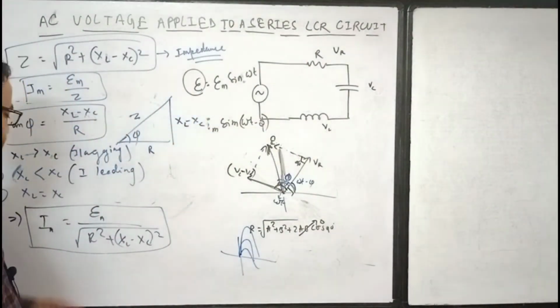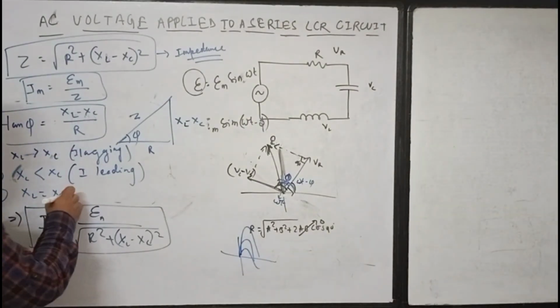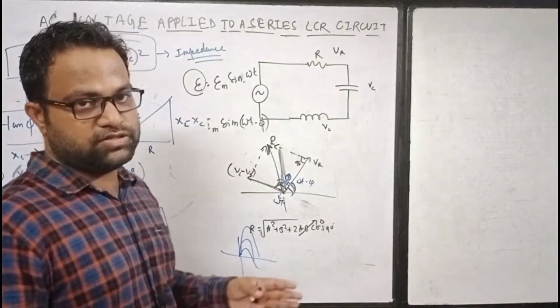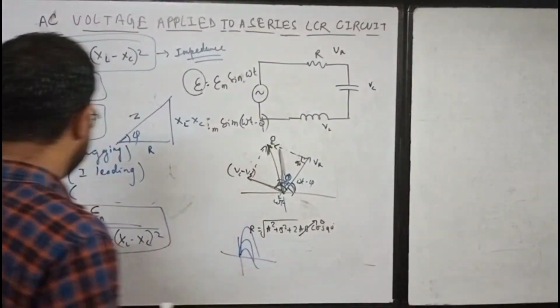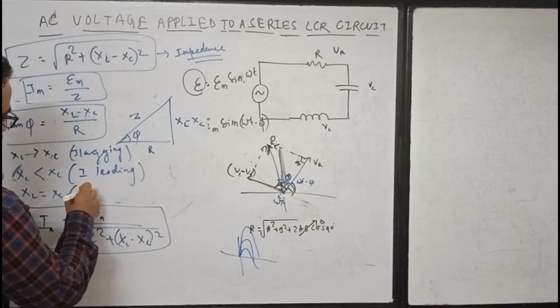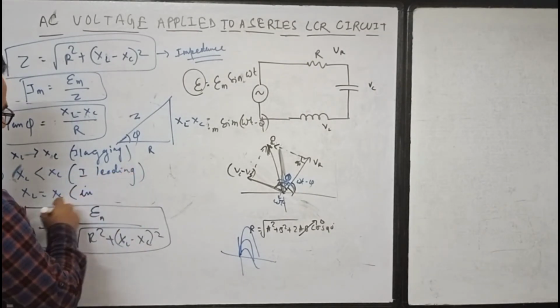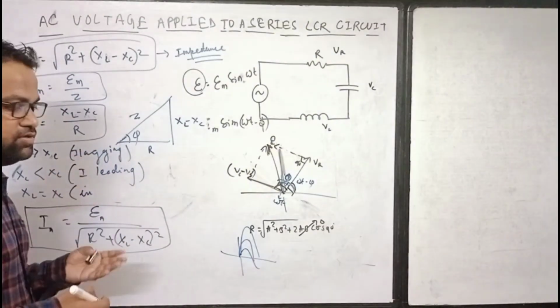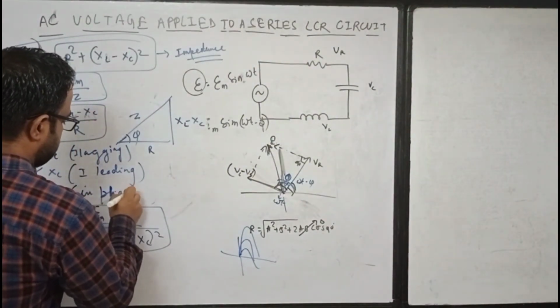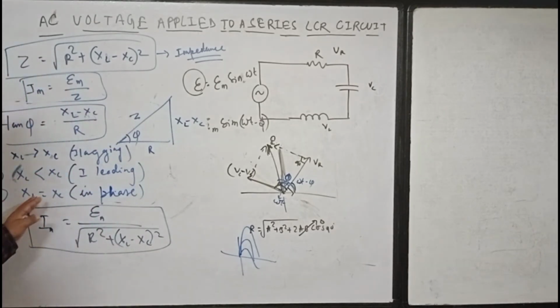In this case, when XC equals XL, it will be called resonance. We will discuss resonance, sharpness and Q factor in the next videos. So when XL equals XC, resonance will take place, and they are in phase.